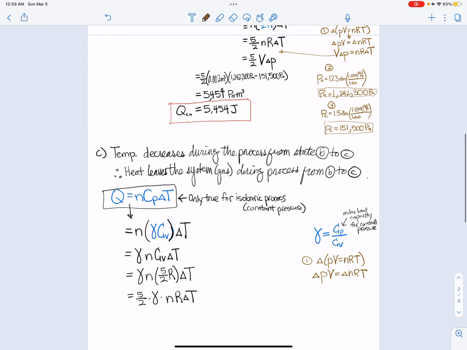I'm going to bring the constant pressure out, pressure times delta V, because volume changes from B to C, is equal to constant n, constant R, times delta T, right? I just removed all the constants outside of the delta.